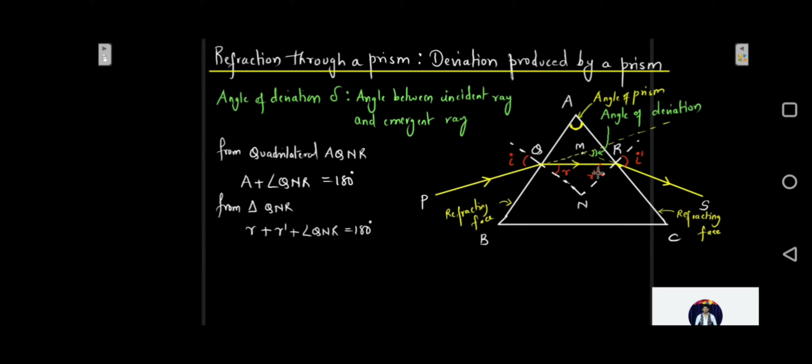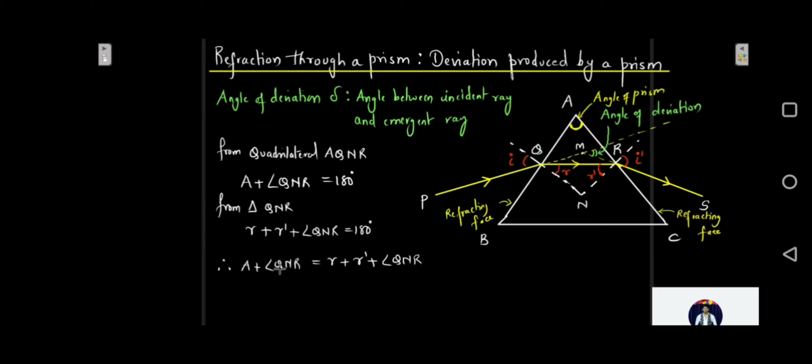So if you see these two statements, angle A plus QNR is equal to 180 and r plus r dash plus QNR is equal to 180, the right hand sides are 180. Therefore, you can equate the left hand sides. So A plus angle QNR will be equal to r plus r dash plus angle QNR.